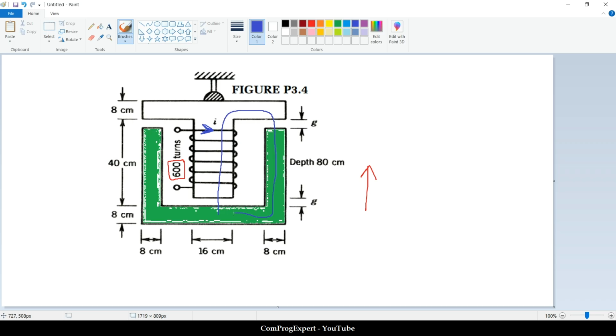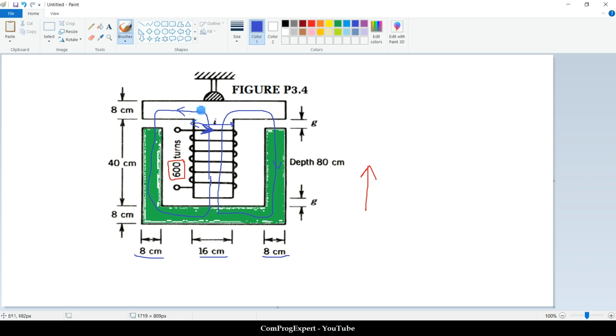As you can see, the thickness of this limb is 8 centimeters, the same as this one, and the thickness of the middle part is the same as the summation of these two. So we should have the same flux densities in the air gaps, right?